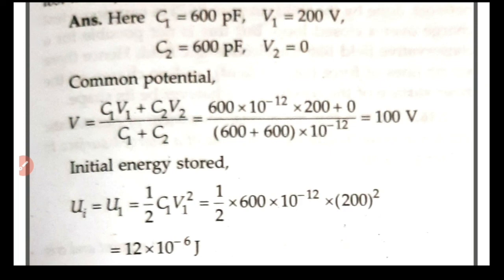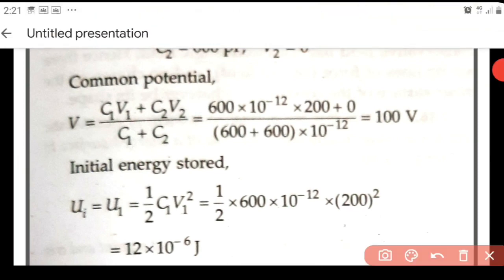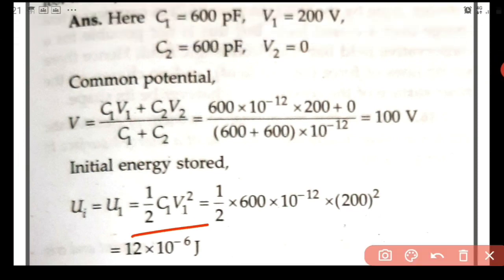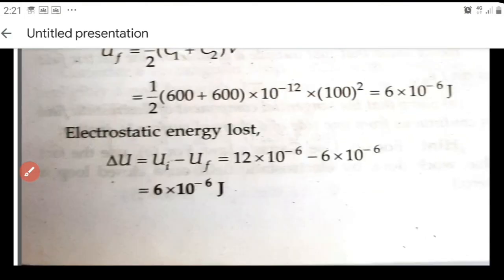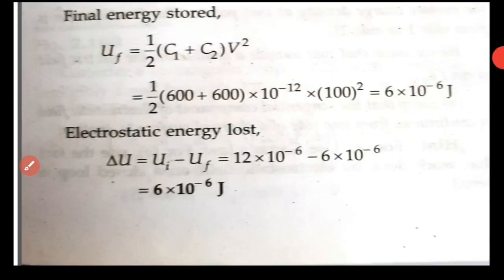Now you have to find the initial energy stored. Since the second capacitor is not connected to the battery before sharing, energy is stored only in one capacitor, the first one. So the initial energy stored is half C1 V1 square. The next step is to find the final energy stored.